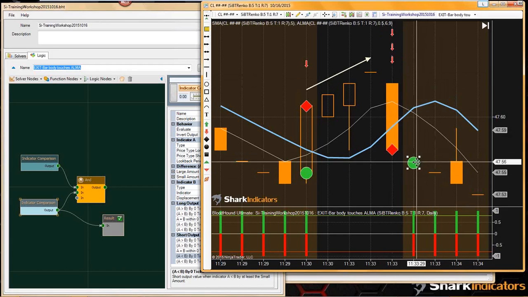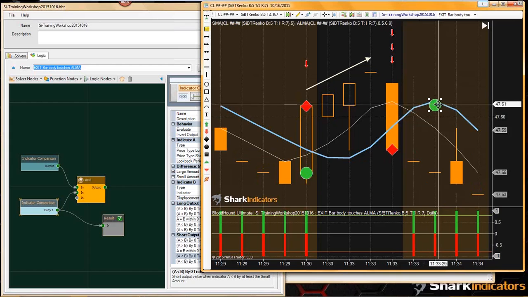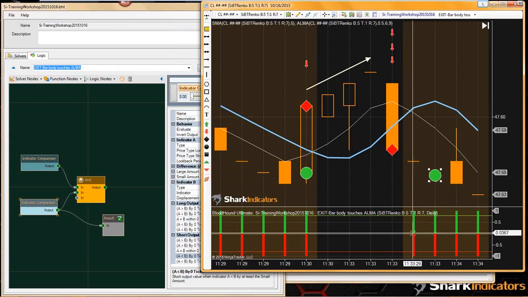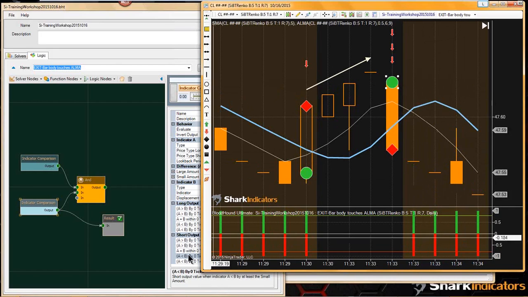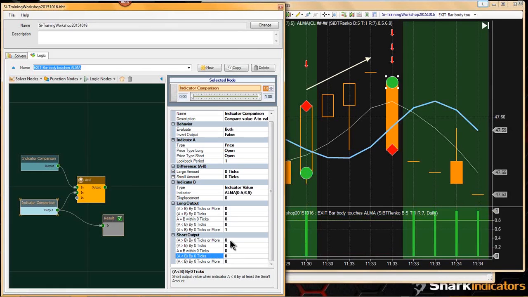You can see down here, on these other bars, the open is below or less than our indicator, and that's why we're getting a short output here. So what we want to do is turn those outputs off and use the other output here.